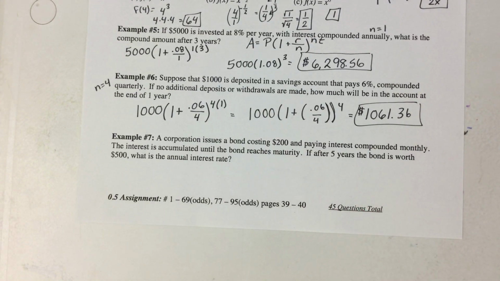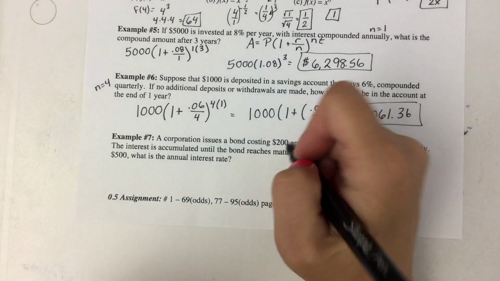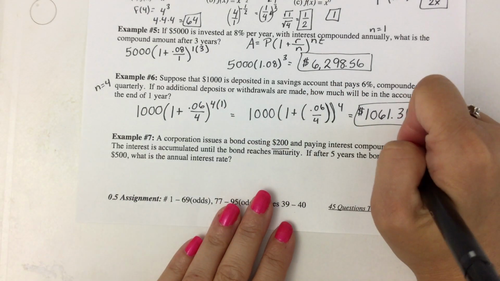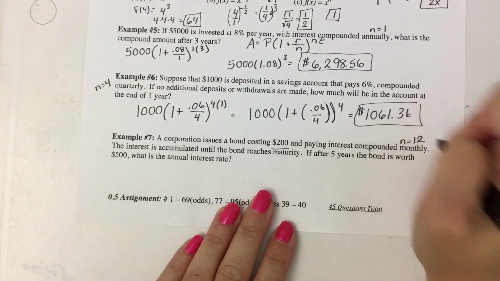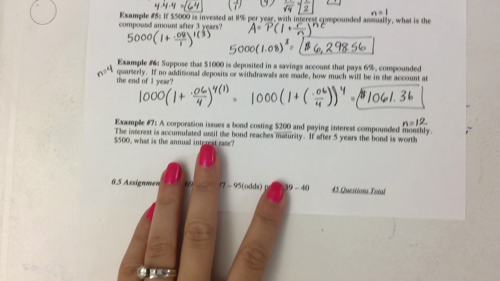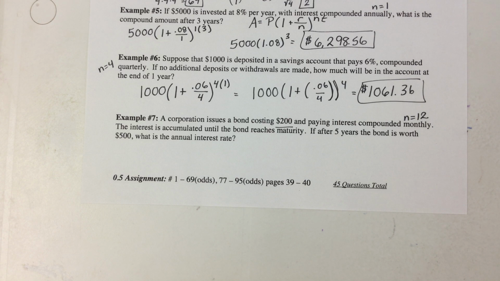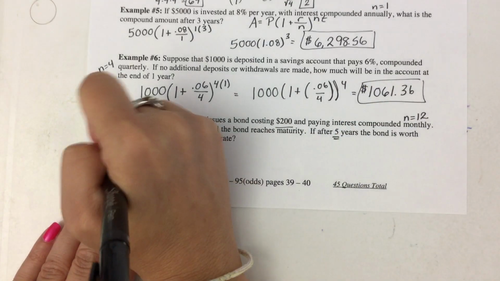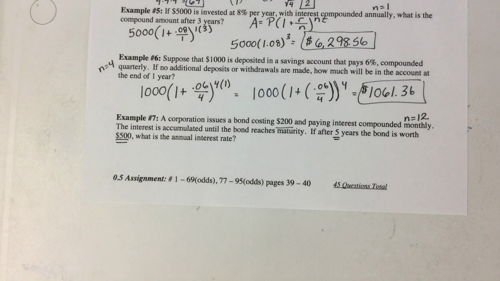Okay, let's look at another one. A corporation issues a bond costing $200. It pays interest compounded monthly. Monthly means that N is 12. So you are getting money added to the value once a month. The interest is accumulated until the bond reaches maturity. If after 5 years the bond is worth $500, what is the interest? So this one stepped it up quite a bit, guys.